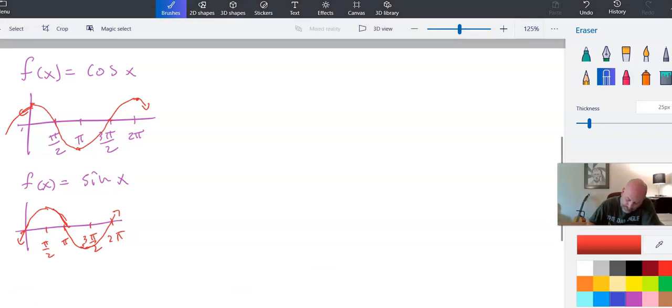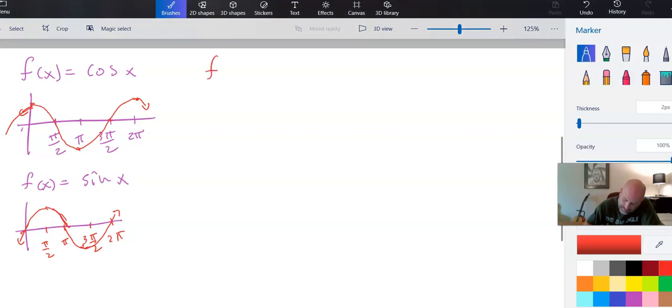Okay, so we want to remember that if I'm looking at secant, f of x equals secant x. Secant is 1 over cosine x, right?